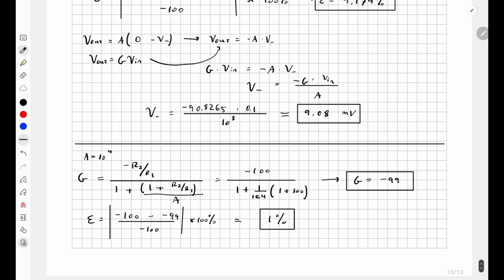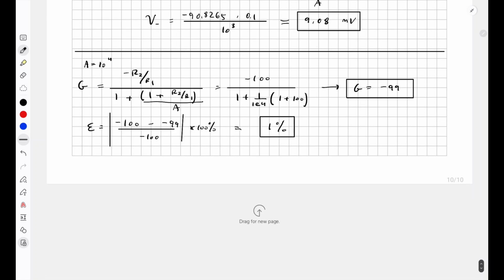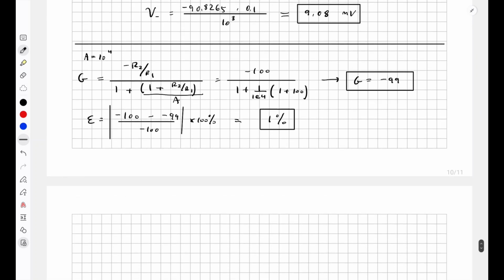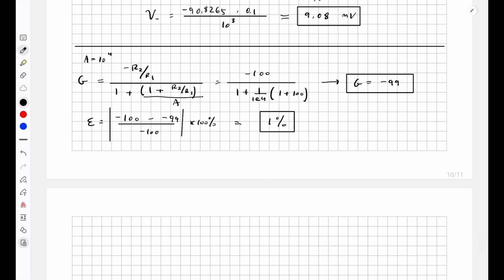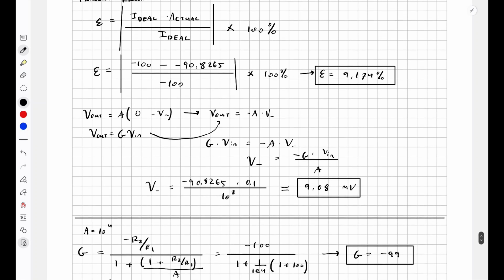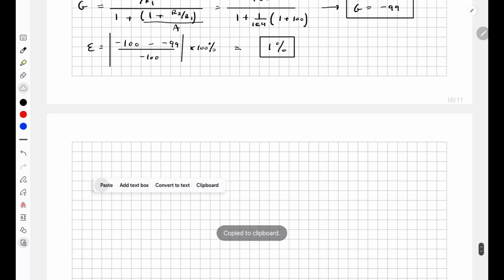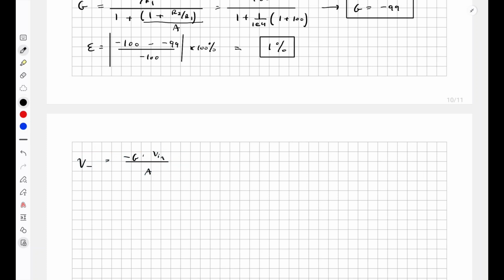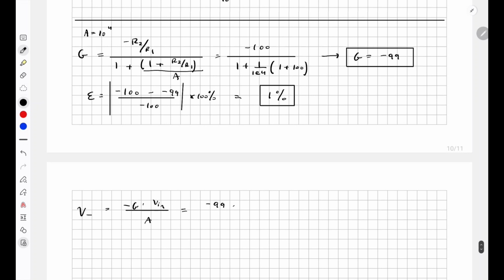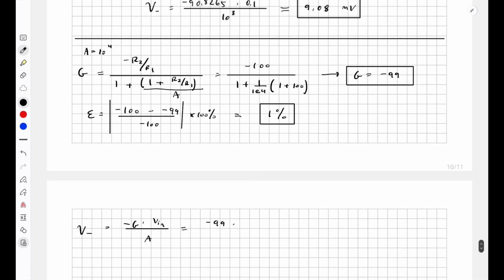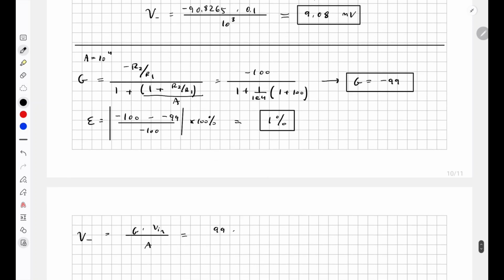Okay, so now again the question was asking in the problem to solve for V minus, which is the inverting terminal, if V in is 0.1. So we'll just reuse the same formula as before. I'm not sure if there's a negative sign here, because it's just the V in times V out.